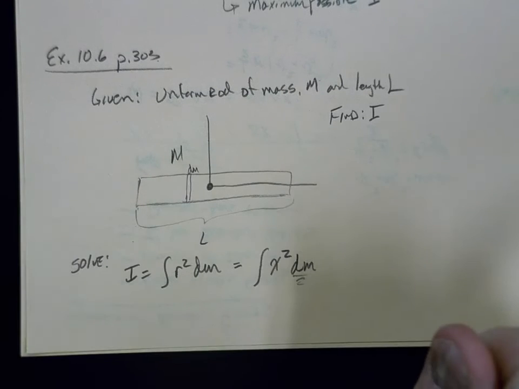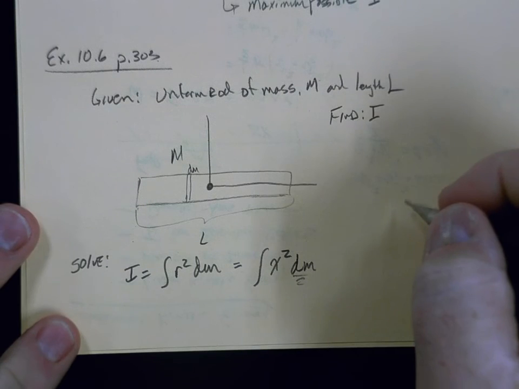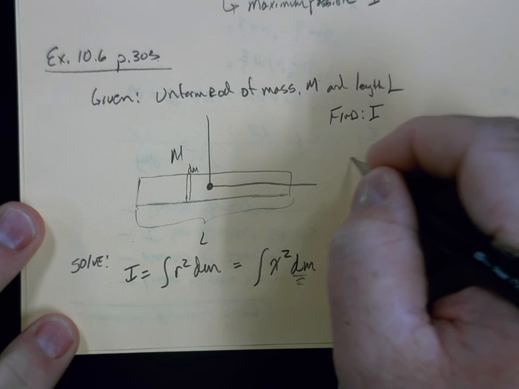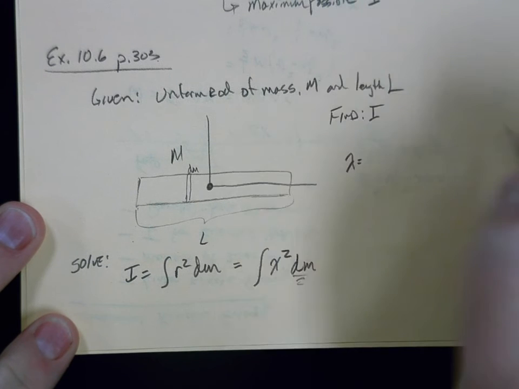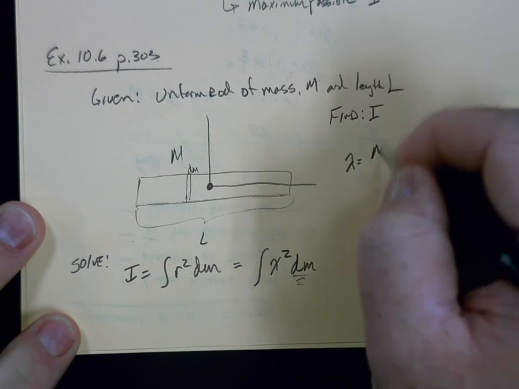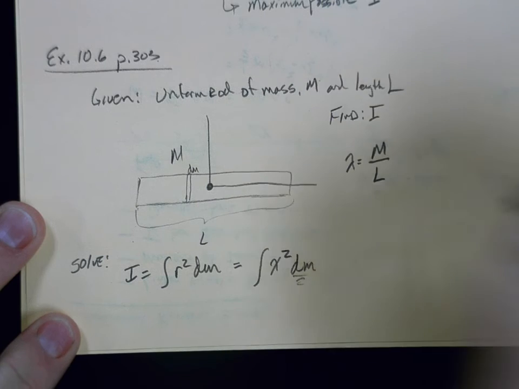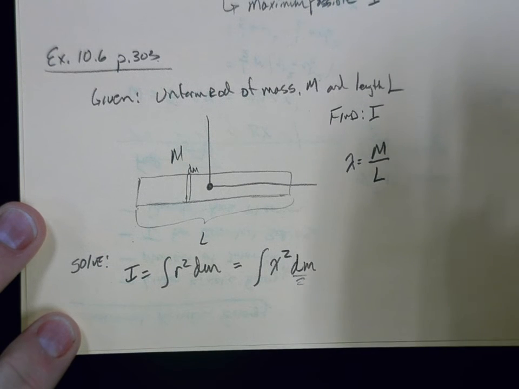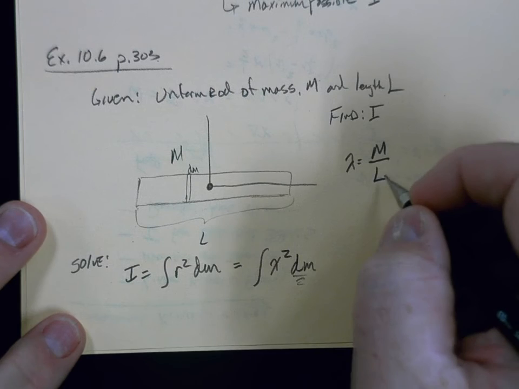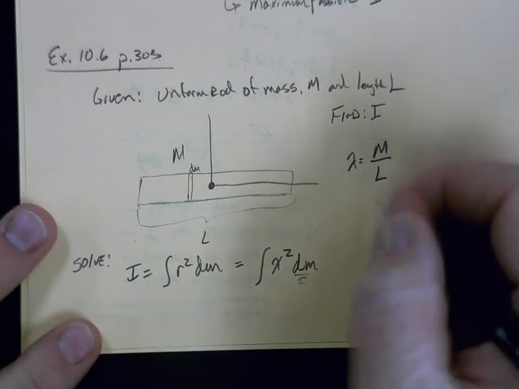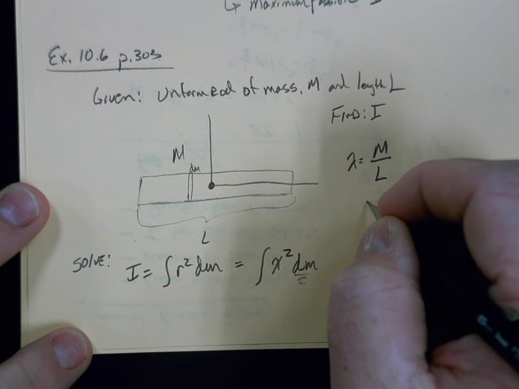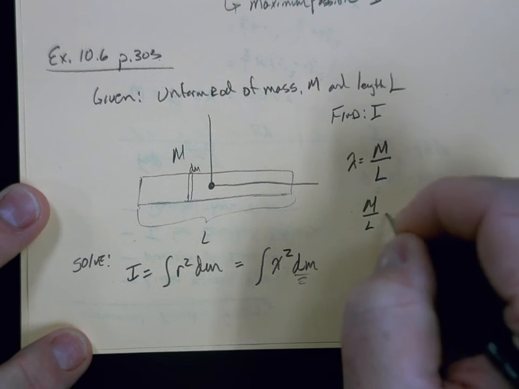So we can find our lambda, which is our linear density, which is going to be our total mass divided by the length. And so dm, our incremental mass, our differential mass, is going to be our density times dx.